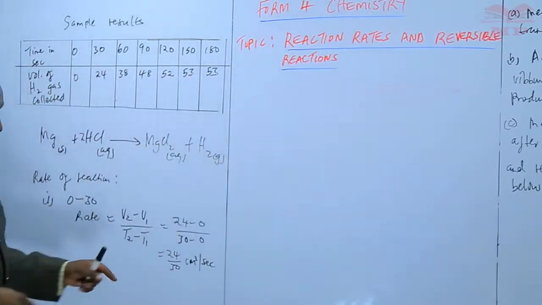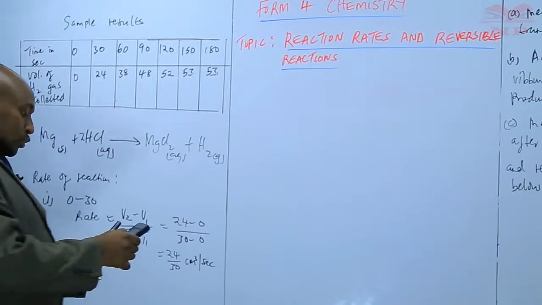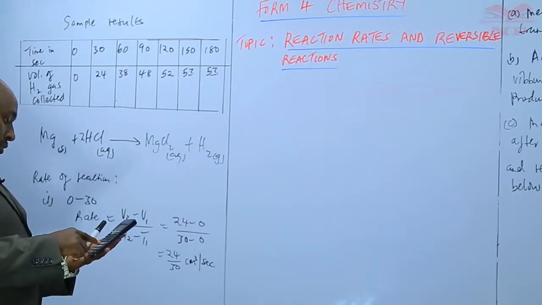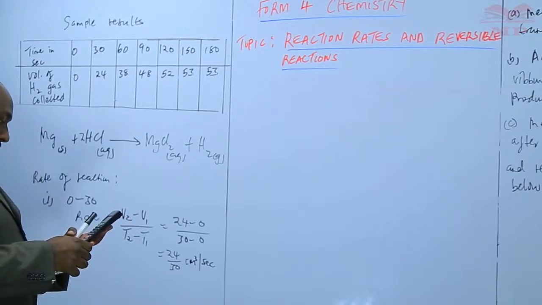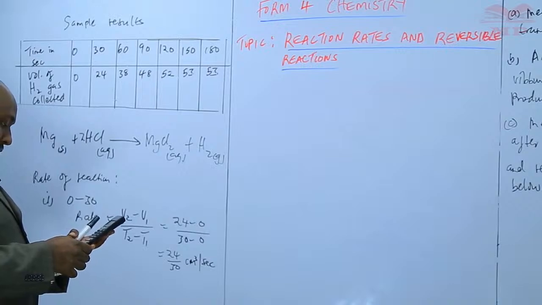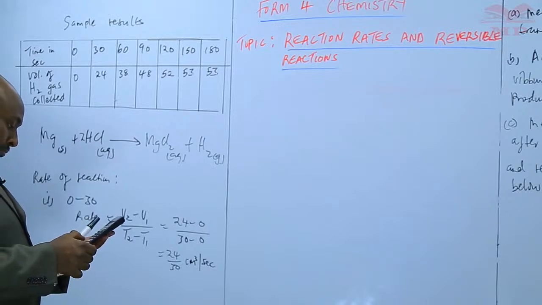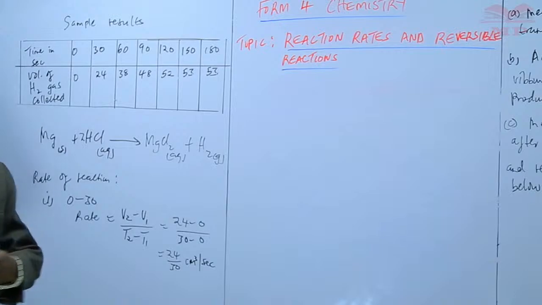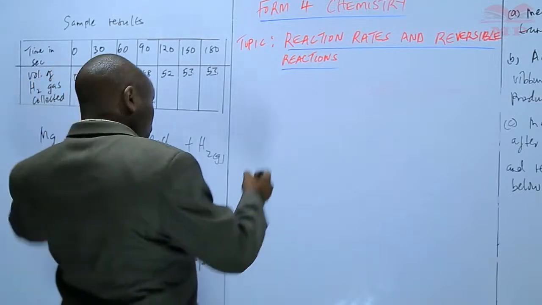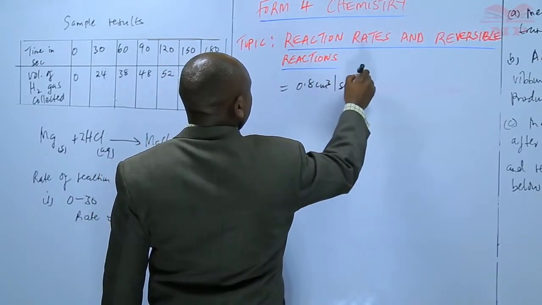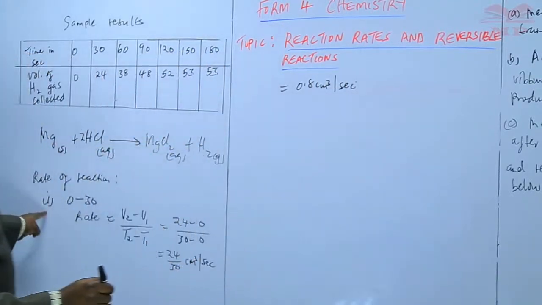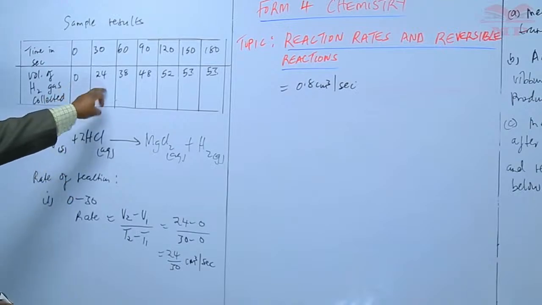We can calculate 24 divided by 30, which is 0.8. So the rate was 0.8 cubic centimeters per second. That was the rate of reaction between 0 and 30 seconds.